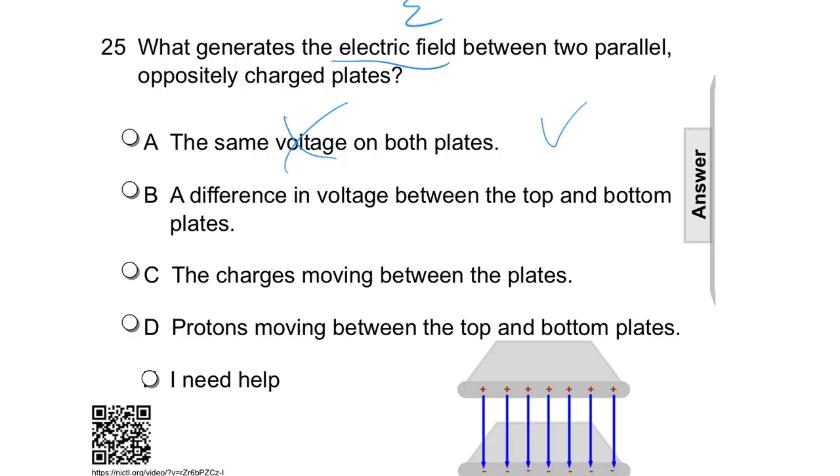A difference in voltage between top and bottom plates. That sounds good. Let's look at some charges moving. Nah, you don't have to have charges moving to have a field. Photons moving between the top, no. Okay, so it's the difference in voltage between the top and bottom plates that causes that electric field, I guess.